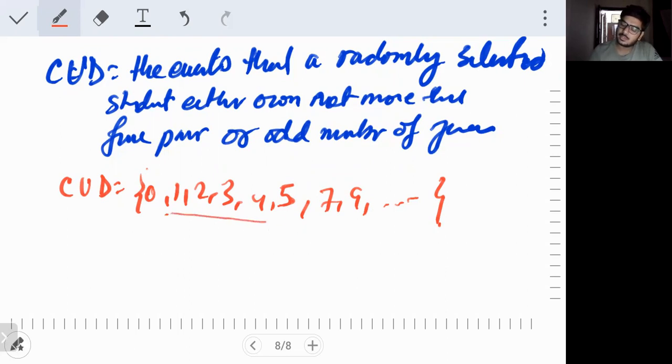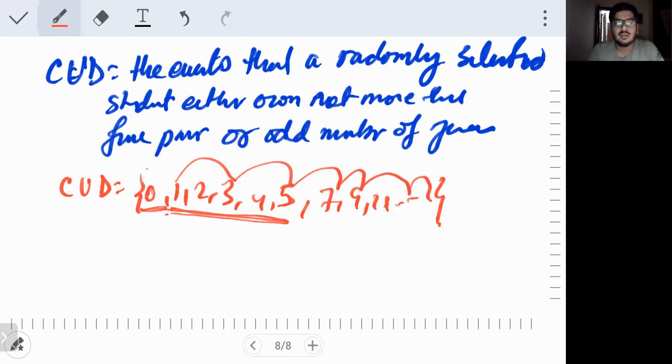This is for the first case, not more than 5, and in the second case it was 1, 3, 5, 9, and then 11, right? So this was the first event.